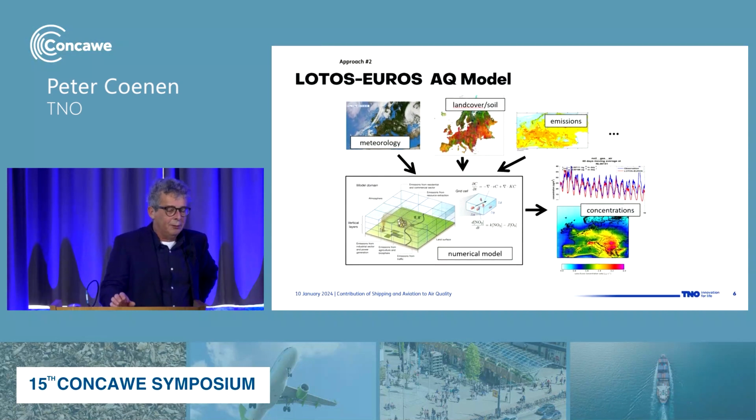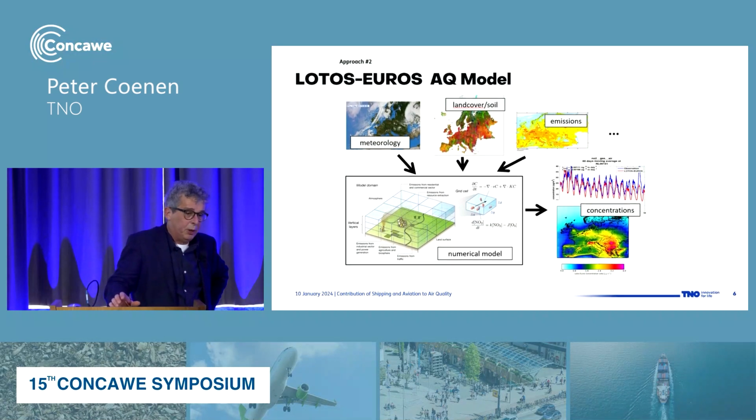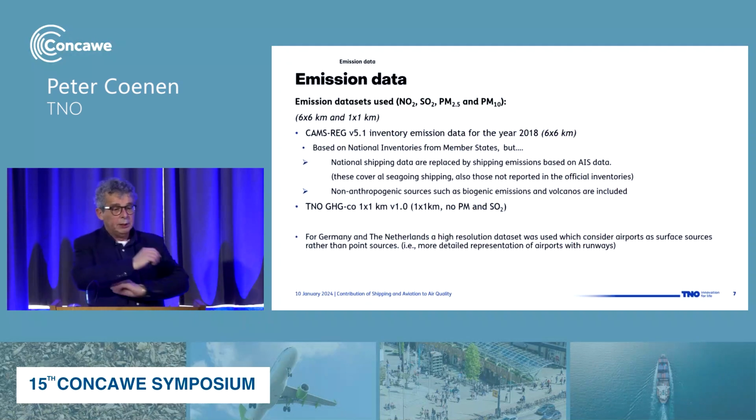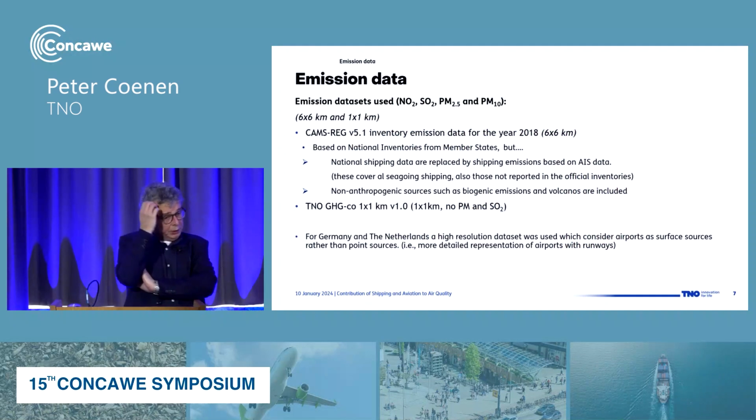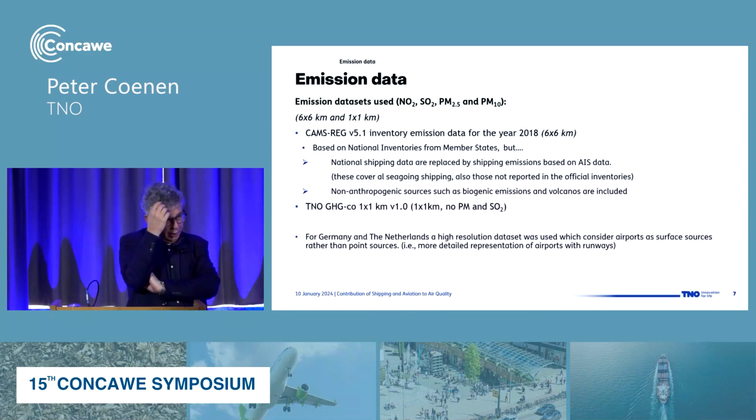Well, this is a picture which explains a little bit how this air quality model works. We have a numerical model which is fed by the meteorology, land cover and soil data, and emissions, and then we can calculate the concentration of different components in ambient air. The emission data sets we used, we calculated for the components NO2, SO2, PM2.5 and PM10.